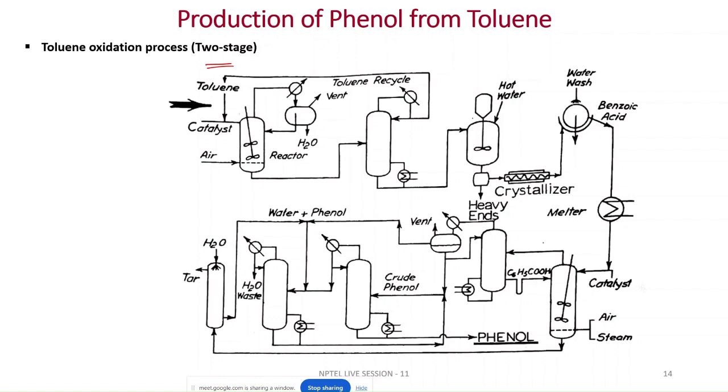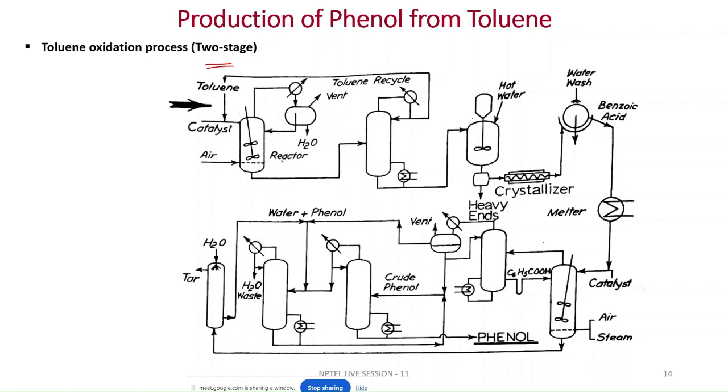So in this two-stage oxidation process, toluene with the catalyst is fed in the reactor, where air is also bubbled up in the stirred reactor.